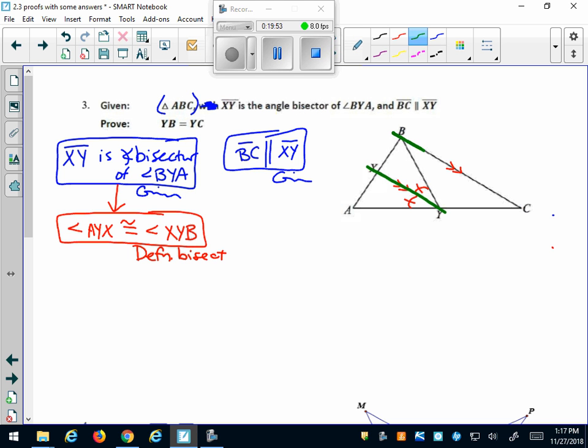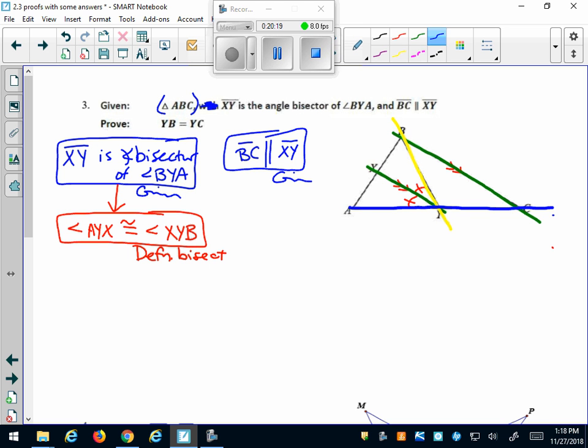Parallel lines I'm going to make green. We've got one transversal going this way. We've got another transversal going this way. Do you see any of these relationships in this diagram? Kelsey?